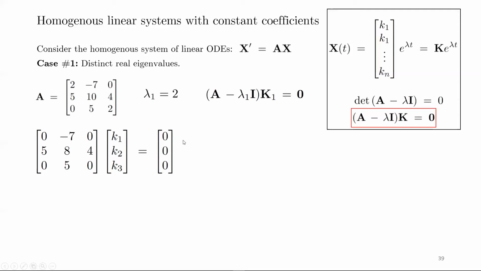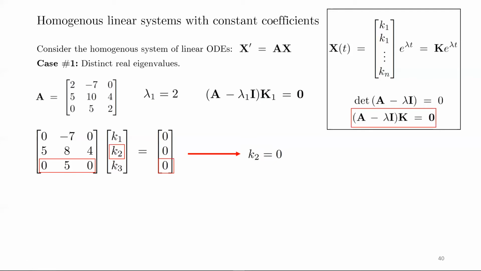What we're going to do now is just read off each line, and I might start on the bottom line. What this line is saying is that 0 times k1 plus 5 times k2 plus 0 times k3 equals 0, or in other words, k2 is equal to 0.